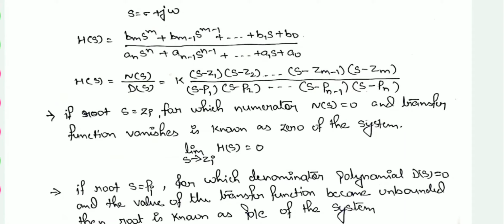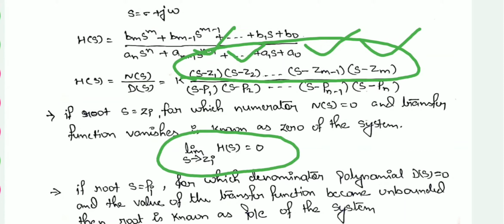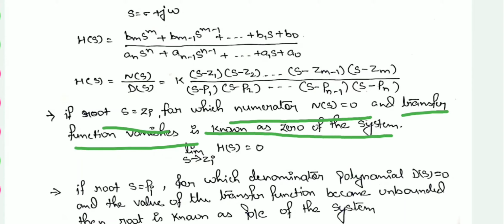For example, in the numerator, these roots are s equal to z1, s equal to z2, up to s equal to zm. If any of these roots is put into this equation, then the transfer function becomes 0. Therefore, if for any root s equal to zi the numerator equals 0 and the transfer function vanishes, it is known as a zero of the system.